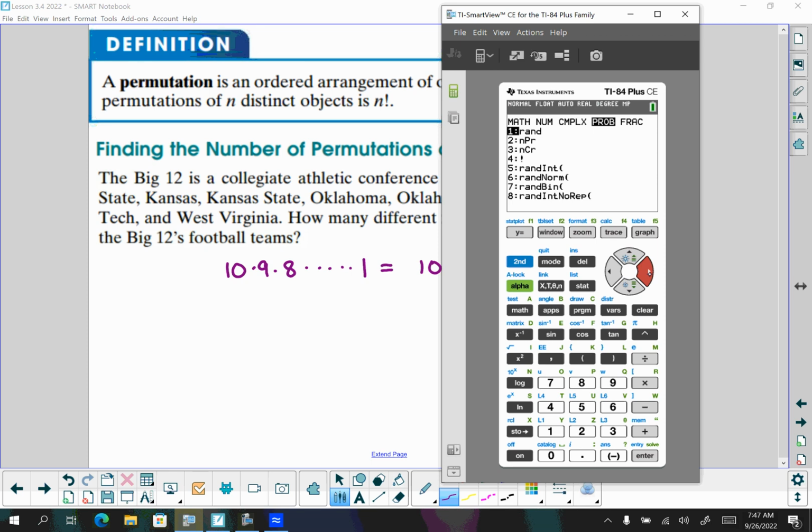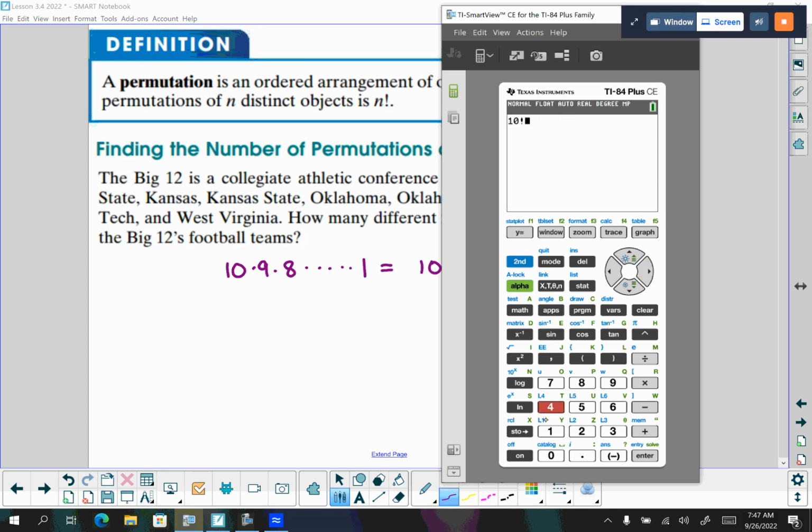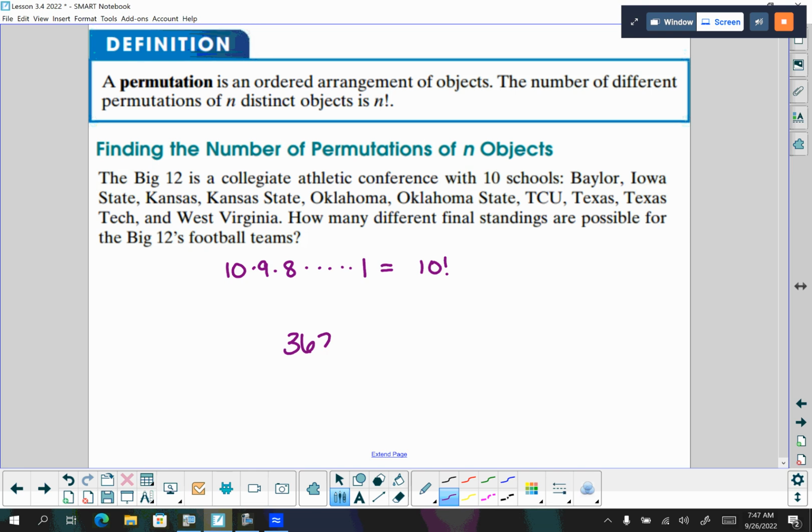There's also a shortcut for it, maybe one of those alpha F tabs at the top, but I just always use this one. Then enter, and it does the calculation for you. 3,628,800 is the possible number of ways that we can arrange the Big 12's 10 football teams in order.